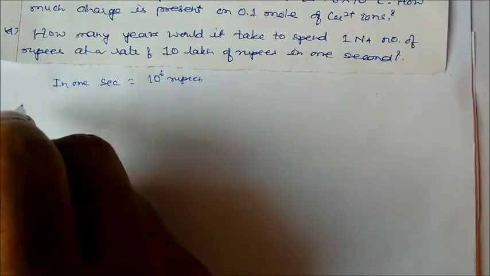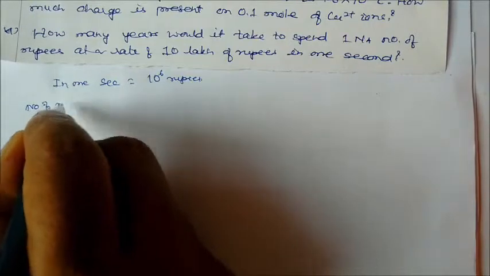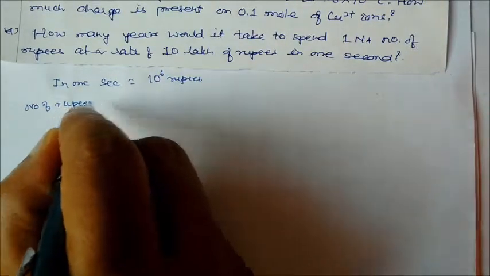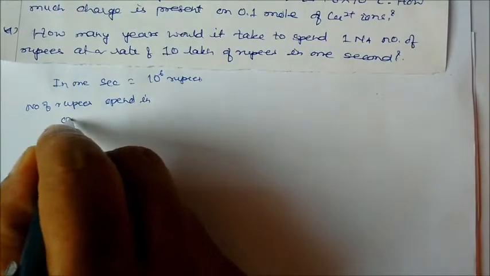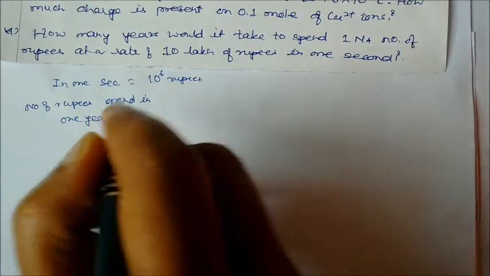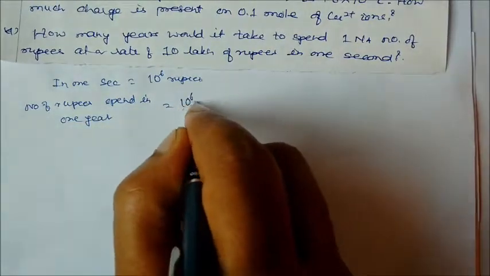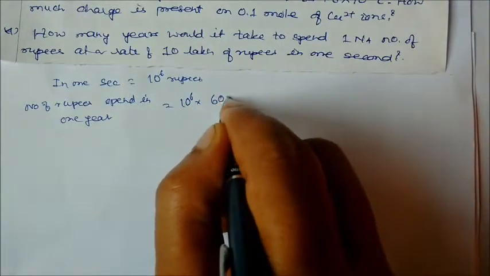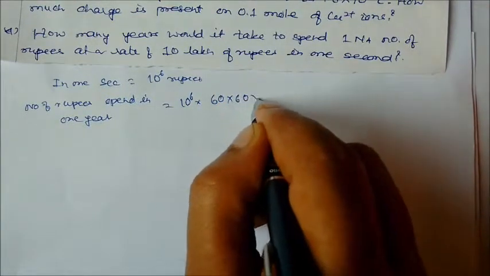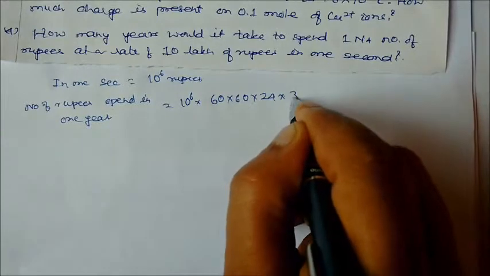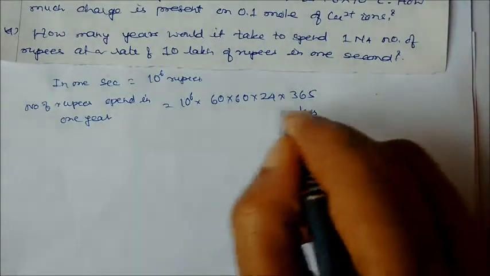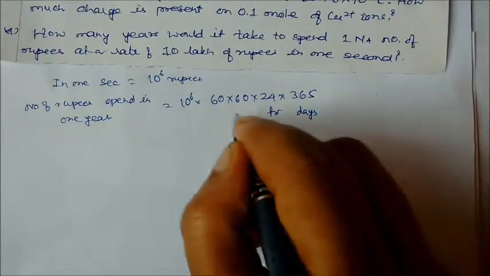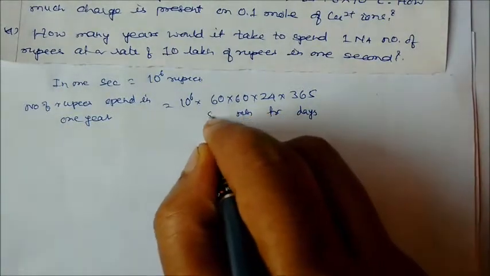Okay, so number of rupees spent in 1 year, so this will be how much? 10 per 6 and multiplied by 60 into 60 into 24 into 365. What does this mean? So this is your days. Actually we are converting to seconds. This is your hour, this is your minute, and this is your seconds.